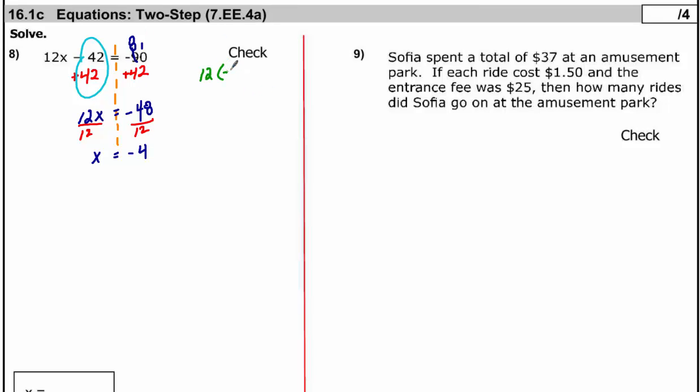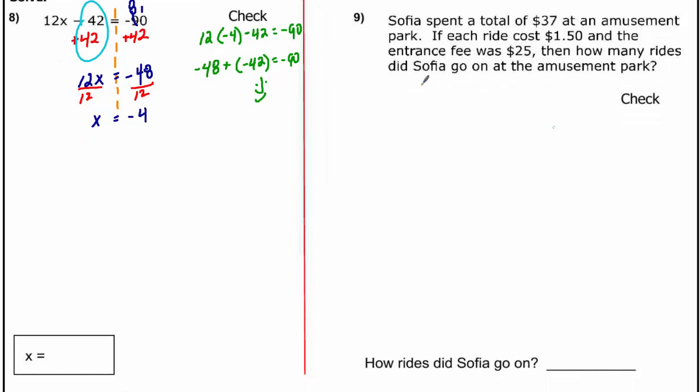If I take 12 times negative 4 and I ask if that minus 42 will equal negative 90, 12 times negative 4 is negative 48, and negative 48 plus negative 42, yes, that is negative 90, and I can be confident with the answer of x equals negative 4.